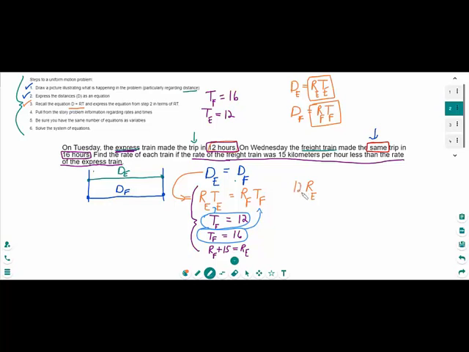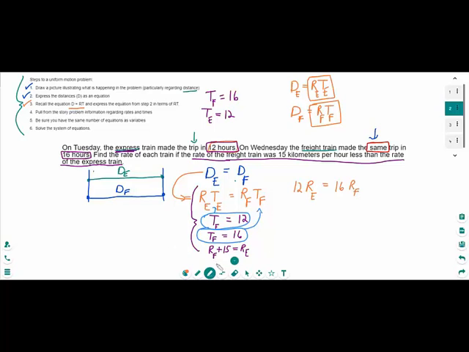So I'm going to write it over here. 12 times rate sub e is equal to rate sub f. We don't know what that is, but we do know that t sub f is 16. So it's going to be 16 times rate sub f. Okay? Now we need to decide how we could plug something in for rate sub e or rate sub f.